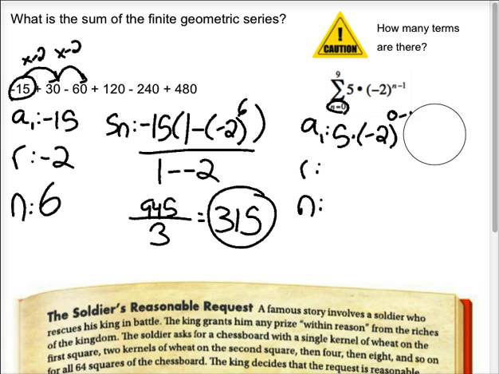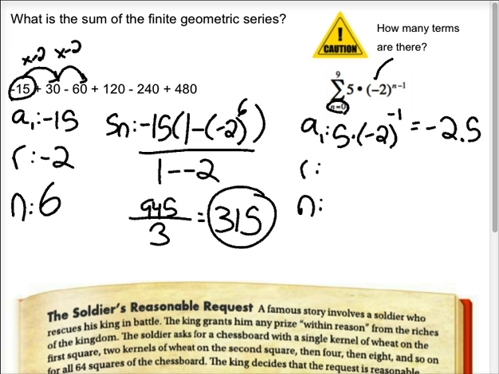So 0 minus 1 is just going to be the negative first power. So again, let's type that in very carefully using those parentheses. So 5 times negative 2 to the negative first power gives me a negative 2.5.